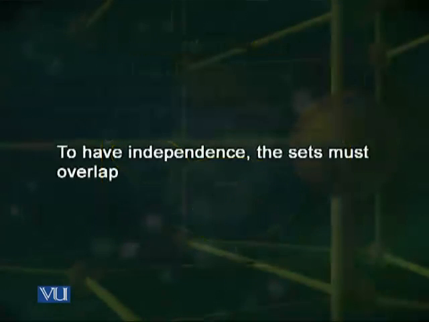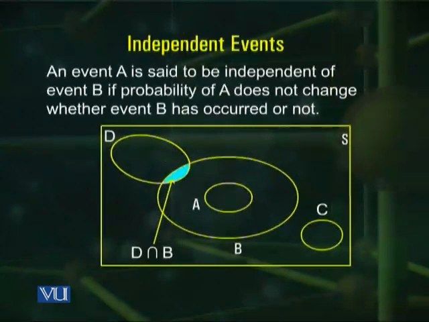So to have independence, the sets must overlap. Not only that, but the ratio of the joint probability divided by the probability of the set upon which you are conditioning should be the same as the absolute probability of the event.